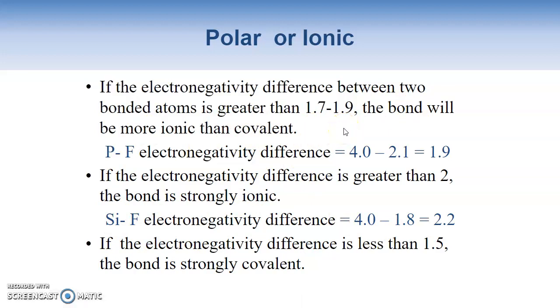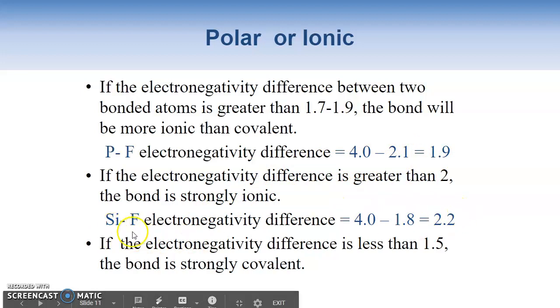There is a continuum of ionic versus covalent. This is just saying if there's an electronegativity difference of 1.9, so it's between 1.7 and 1.9, the bond's going to be more ionic than covalent. If it's greater than 2, it's strongly ionic.